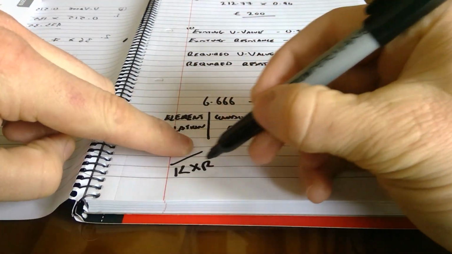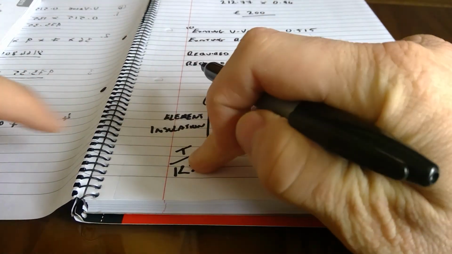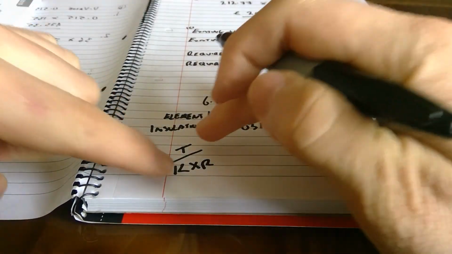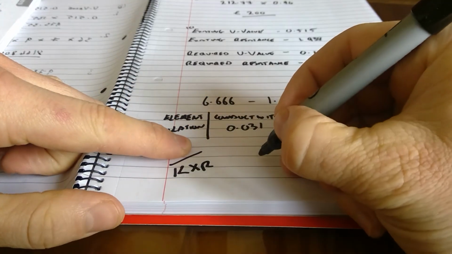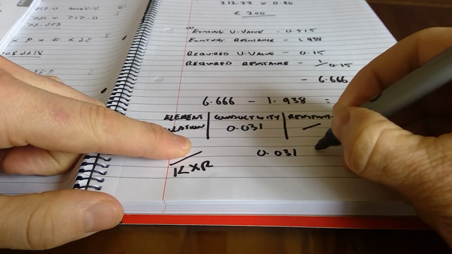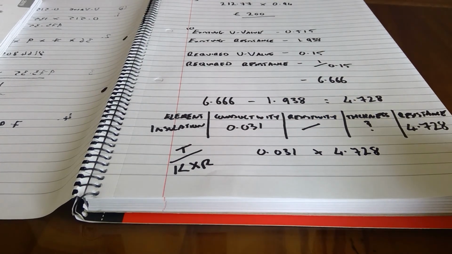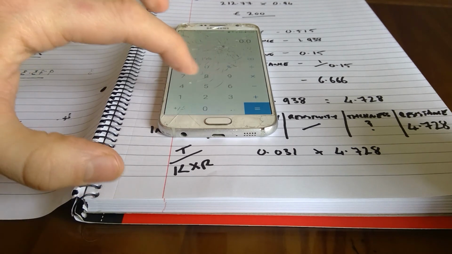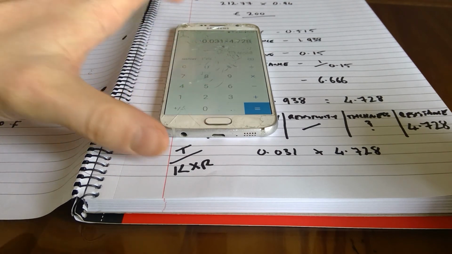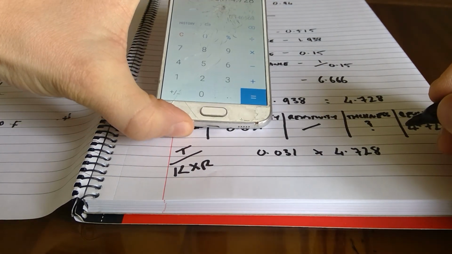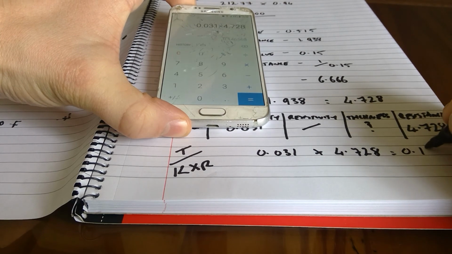If I want to find thickness, it's K by R. If I want to find conductivity, it's T over R. Sorry, if I want to find resistance, it's T over K. Okay, so we're looking for thickness, so it works out with K by R. So that's going to be 0.031 multiplied by 4.728, and that will give us an answer of, we'll do 3 decimal places, 0.146.